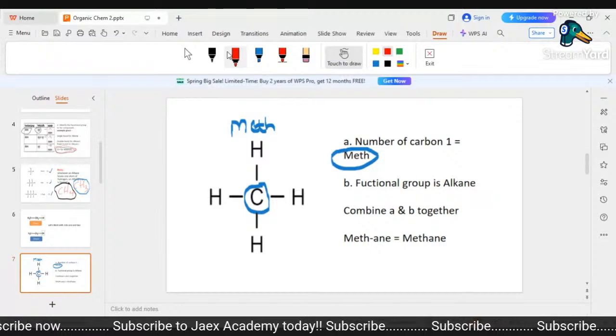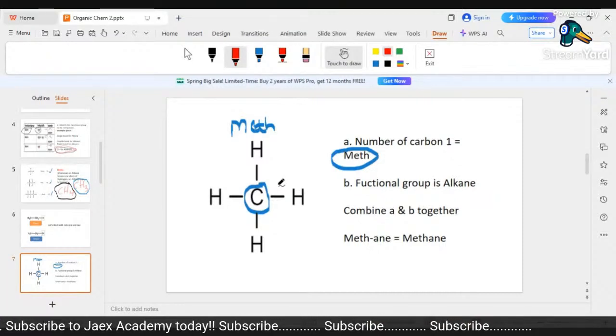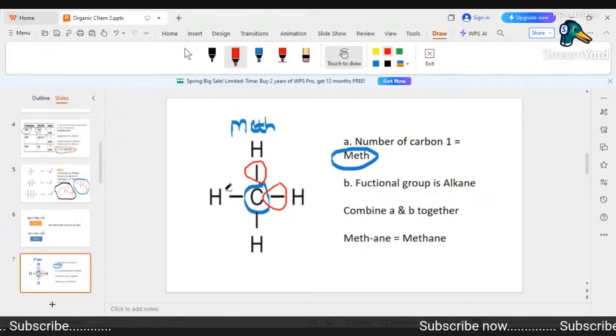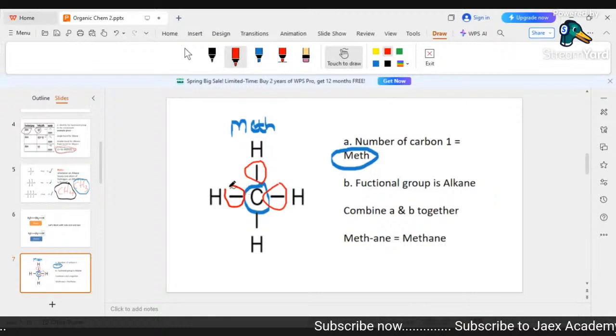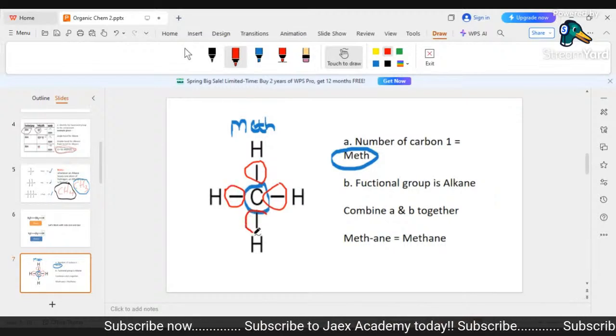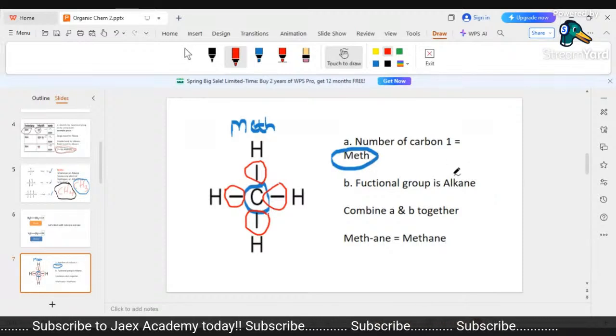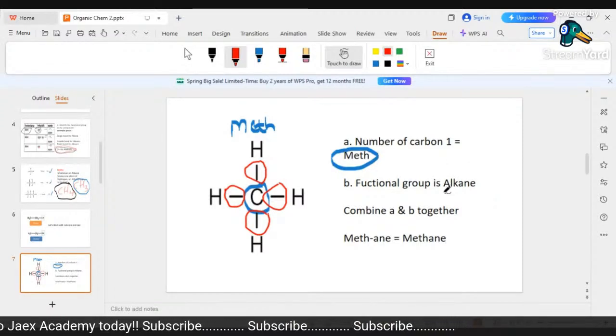The functional group are the bonds that join the carbon and the atoms of hydrogen together. Are you seeing it? Is this a single or a double bond? Of course, this is a single bond. So therefore, it is an alkane.